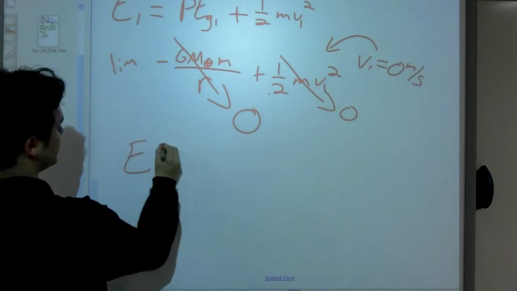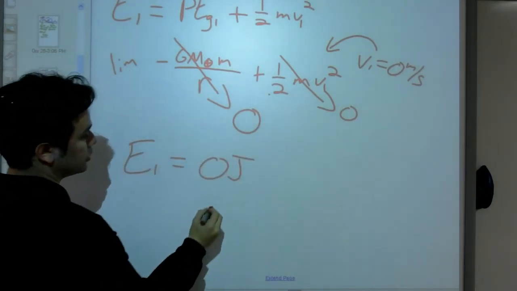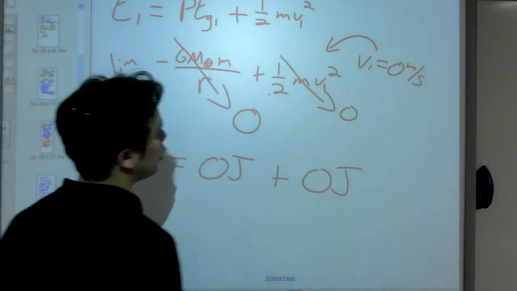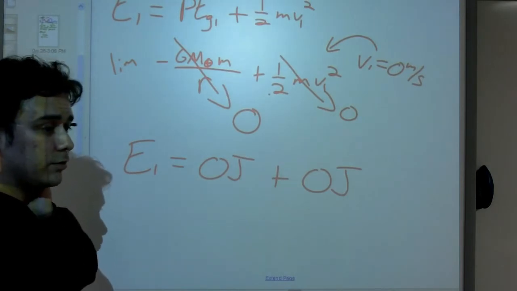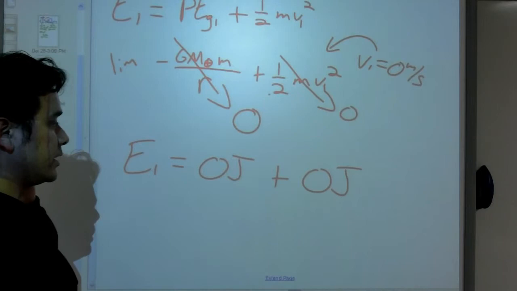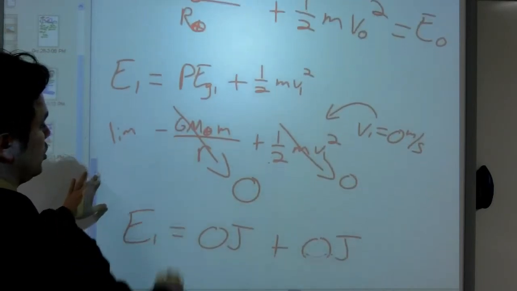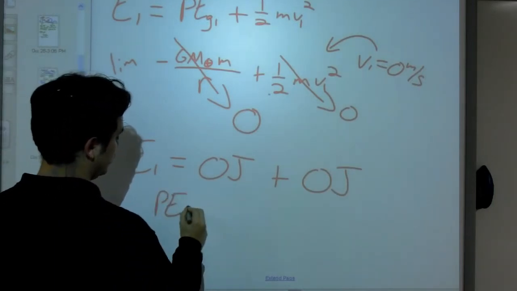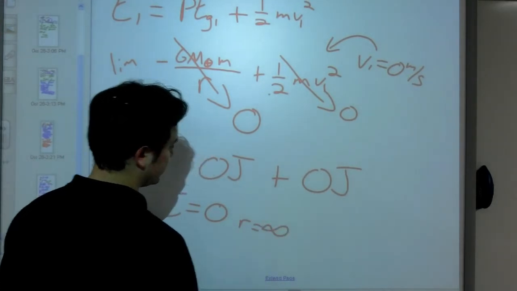We just found that our final energy equals 0 joules from our potential due to gravity, plus 0 joules for our kinetic energy. Well, potential energy is relative. We can define a lot of different places to be 0, although with this universal gravitational approach, we define our potential energy to be equal to 0 at r equals infinity, infinitely far away.